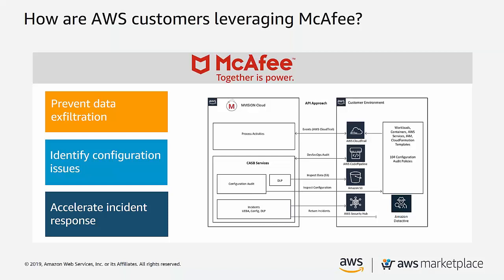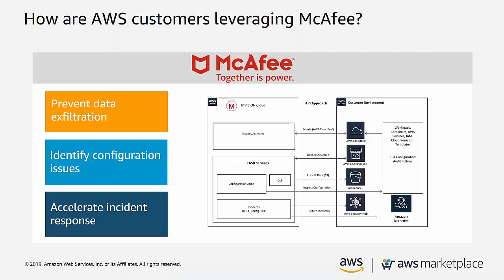So how are customers leveraging some of our partner tools? McAfee has a bunch of tools and capabilities that our customers are using to build upon what we've been talking about. Beyond reporting findings to Security Hub and Detective, McAfee is used to prevent data exfiltration, audit identity misconfigurations against benchmarks, and accelerate incident response.